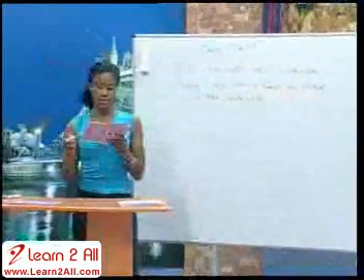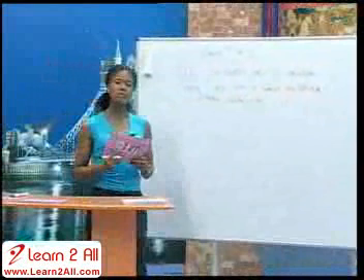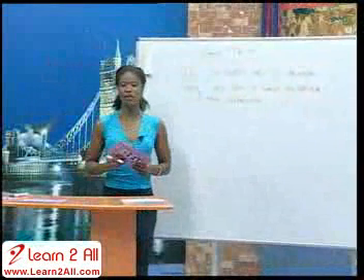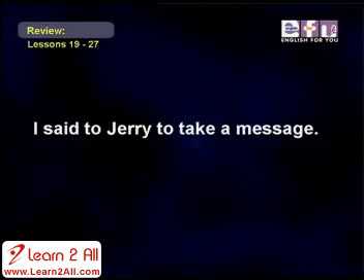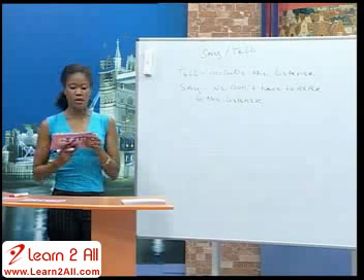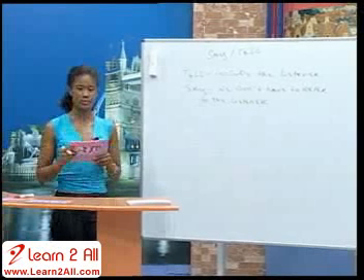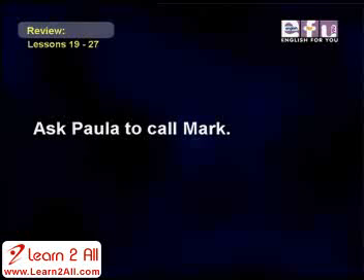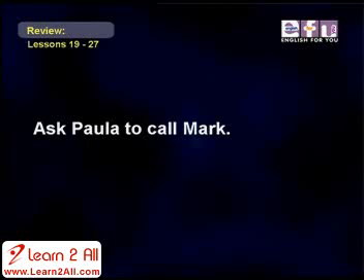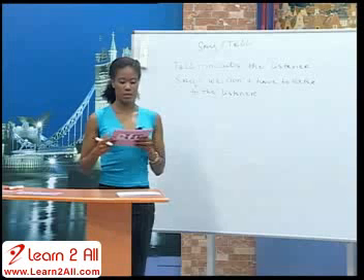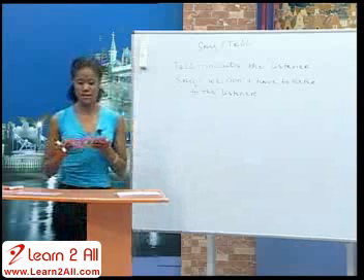We can include the person with say if we use a preposition. For example, I said to Jerry to take a message. We can also use ask in the beginning of a sentence. For example, ask Paula to call Mark. Okay, now we're ready to practice.